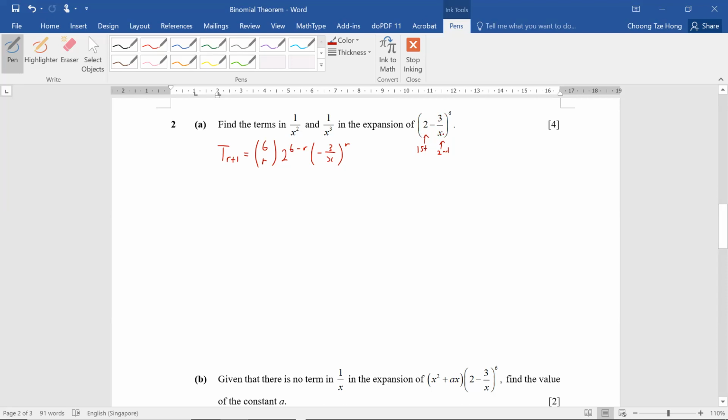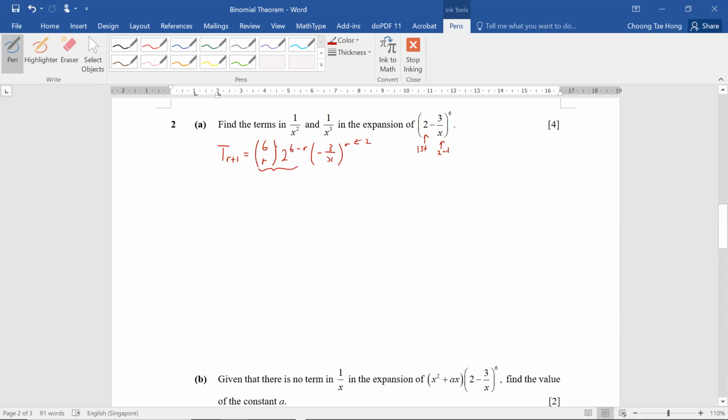For such a case, if I want the 1 over x squared term, I can tell straight away the value of r that I need, which in this case is 2. Only when I put a 2 here, then I square the minus 3 over x, I will get 9 over x squared, and I get the 1 over x squared term already, because down here there's no x.